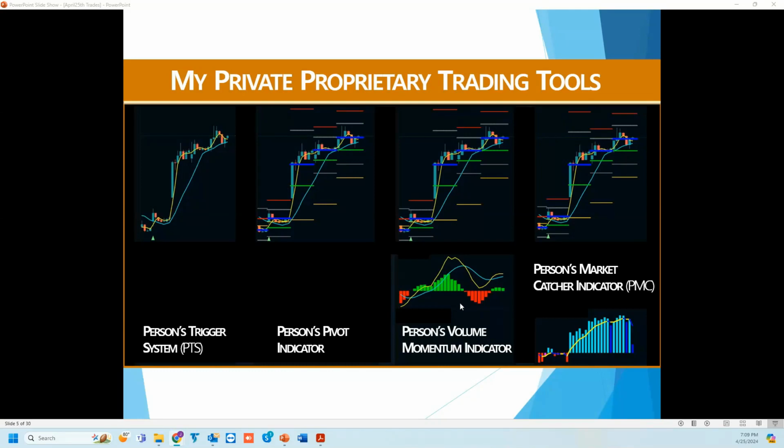The fourth and final indicator, not quite price-based, is a relative strength tool called Person's Market Catcher. For stocks or ETFs, it compares within one of four stages of the market. Outperformance, which is bright blue. Still leading the market but weakening starts to turn dark blue.